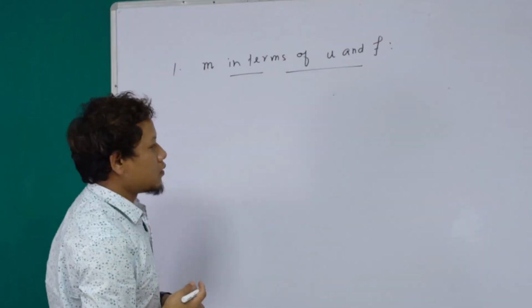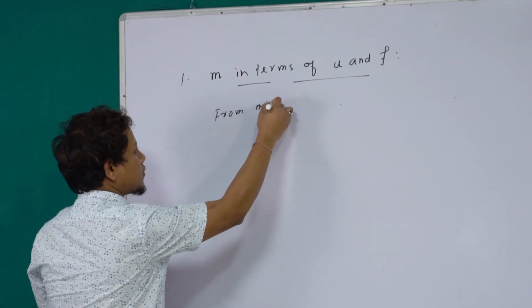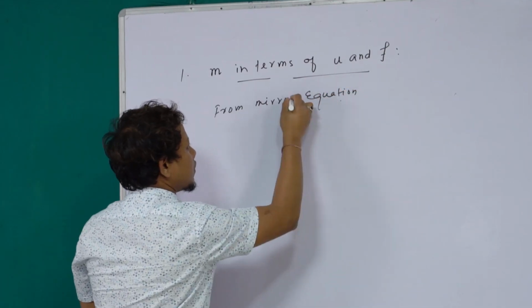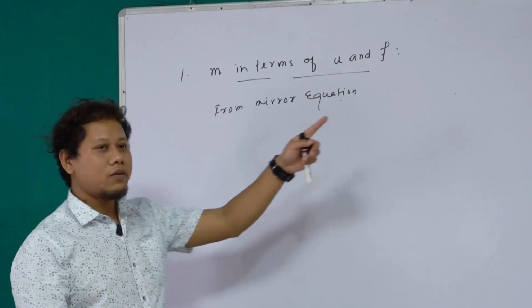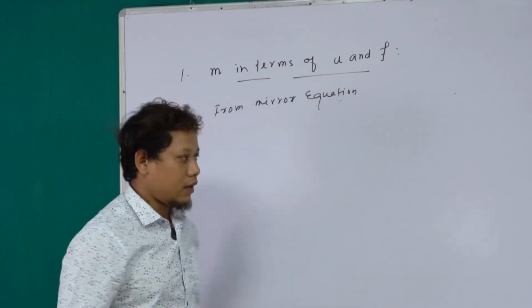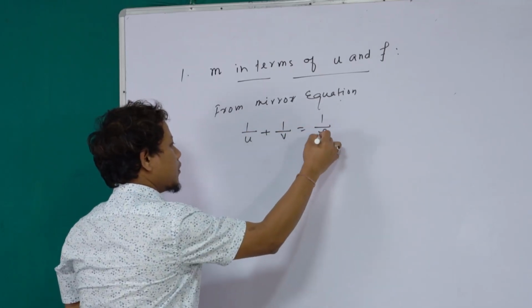So from the mirror equation. What is the mirror equation? That is 1/u + 1/v = 1/f.